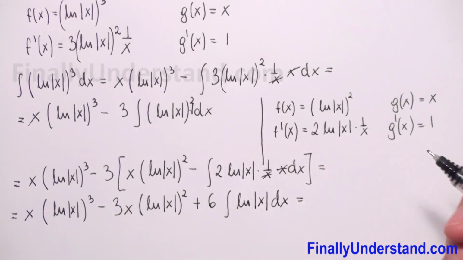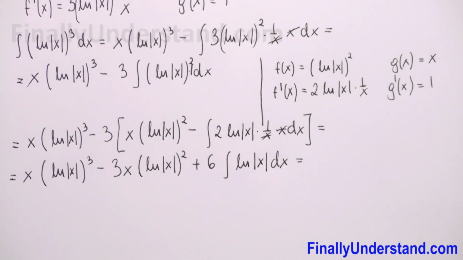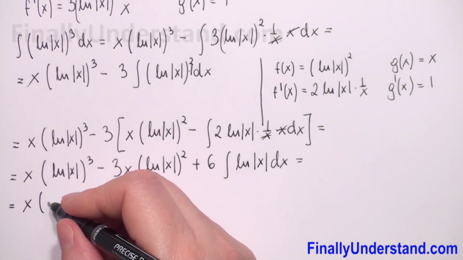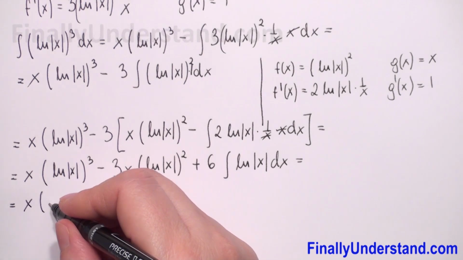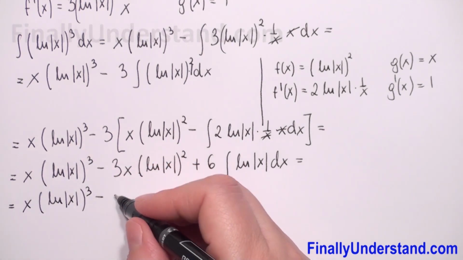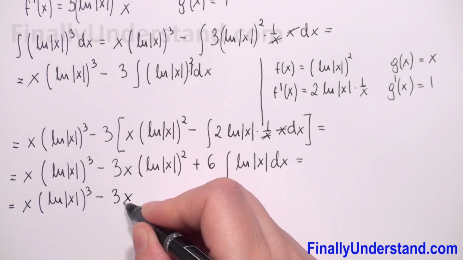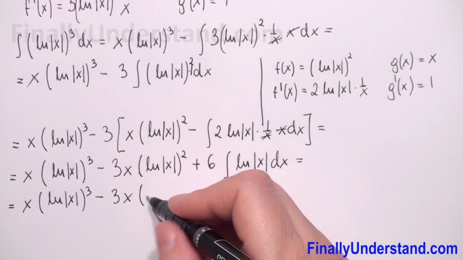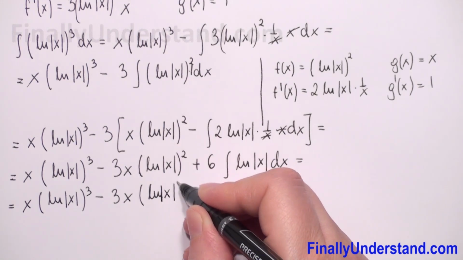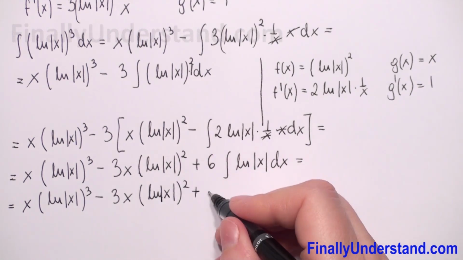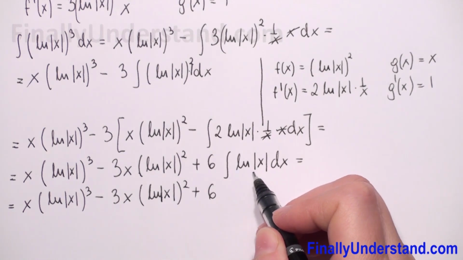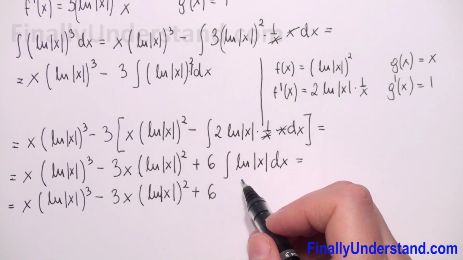So this is equal to, we copy the beginning, x times the cube of the natural logarithm of the absolute value of x minus 3 times x times the square of the natural logarithm of the absolute value of x plus 6 times the integral of the natural logarithm of the absolute value of x we have here.